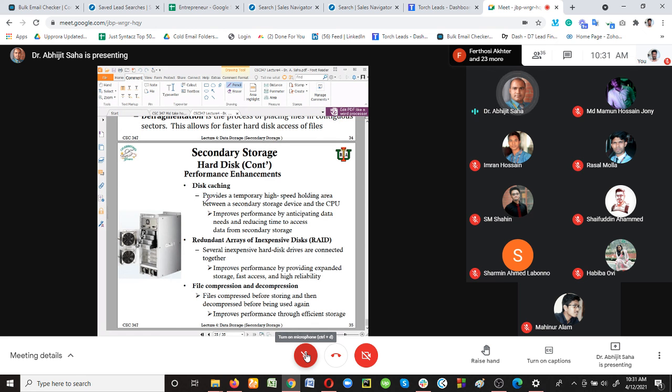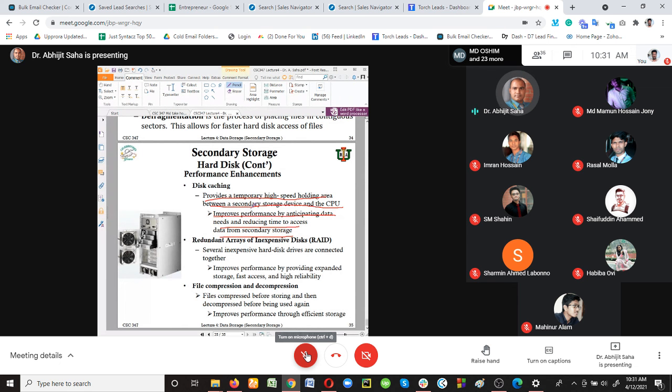It provides a temporary high-speed holding area between a secondary storage device and the CPU, and improves performance by anticipating data needs and reducing the time to access data from the data storage. So the disk caching happens on the secondary device itself. If you are talking about the hard disk drive, then the hard disk drive has the disk caching, which makes accessing information from the hard disk faster.